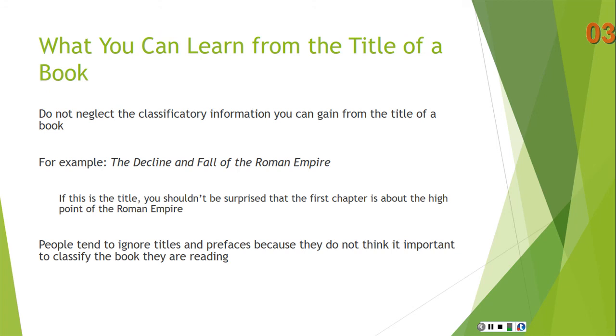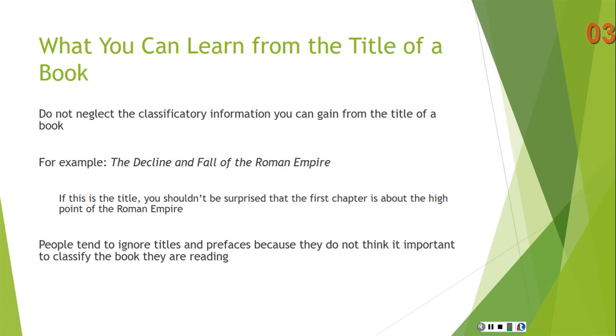So what can you learn from the title of a book? You shouldn't neglect the classificatory information that you can gain from the title of a book. Now, a title of a book isn't just the way to grab the reader's attention. It gives you information about the sort of book that you're dealing with. So, for example, The Decline and Fall of the Roman Empire.